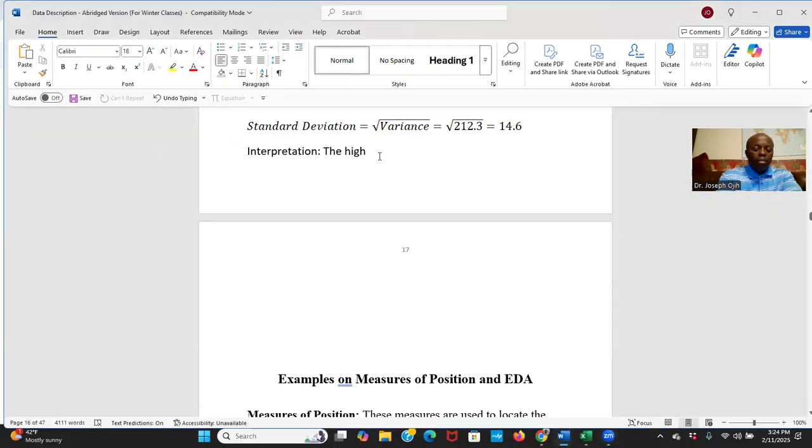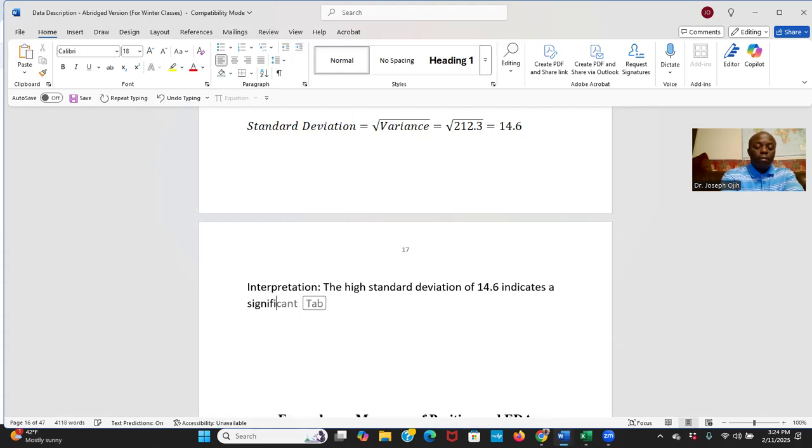The high standard deviation of 14.6 indicates a significant variation in the net worth of these national corporations.